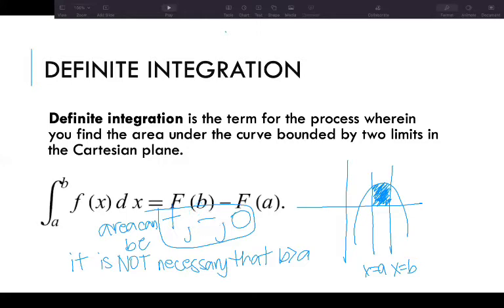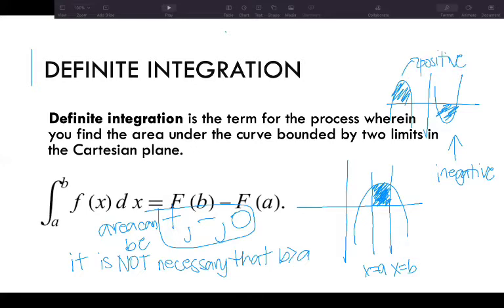Sometimes, if a curve is graphed opening upwards at a certain interval or at a certain limit, like this, the area is negative. Meanwhile, if the curve is graphed downwards, the area is positive.